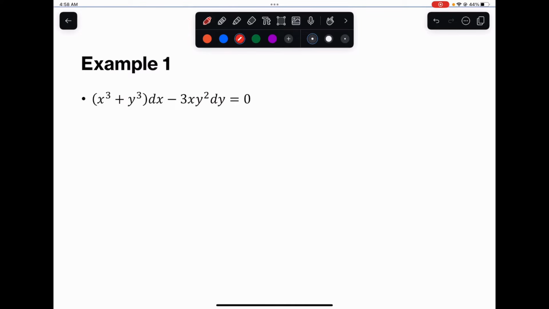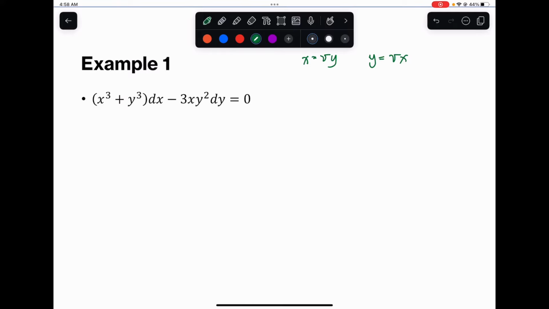So now, in homogeneous equation, we're going to identify what we are going to substitute. So whether we're going to substitute x equals vy or y equals vx. So we choose x equals vy if the m function is simpler than the n function. So what do I mean by simpler function?